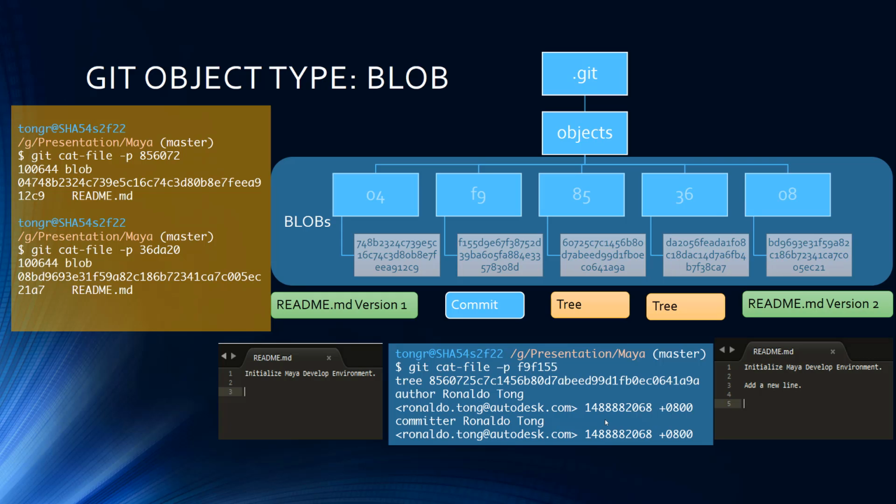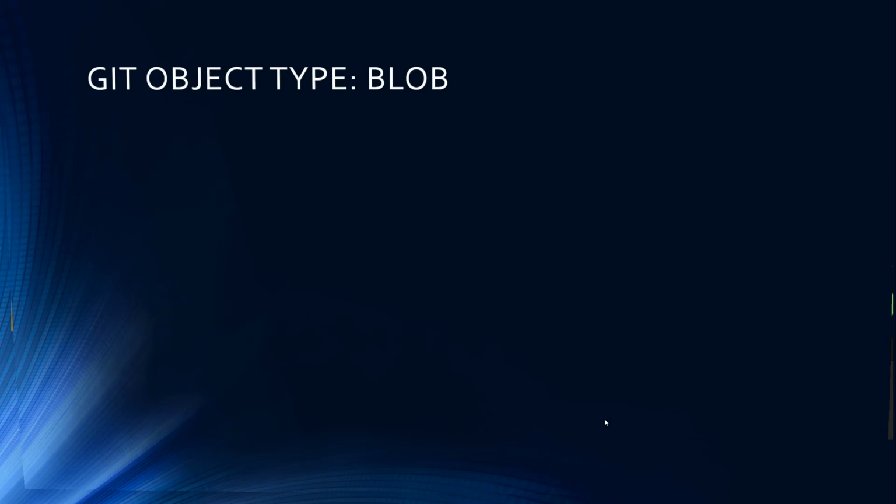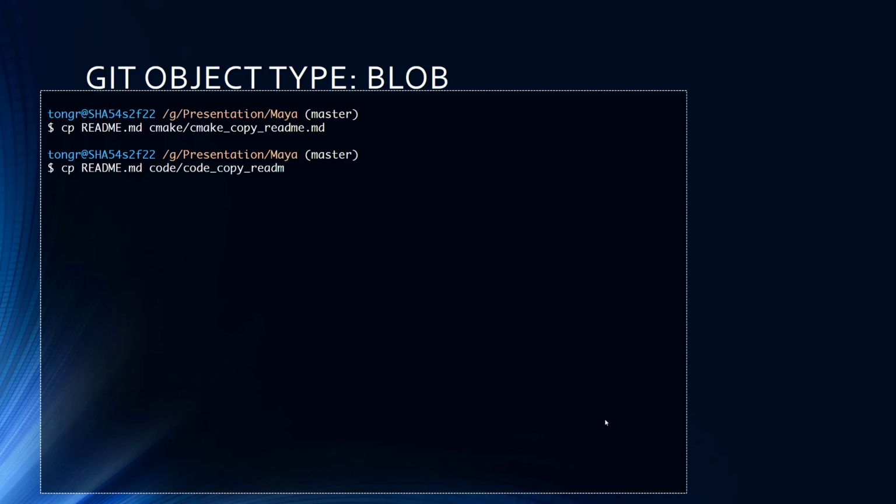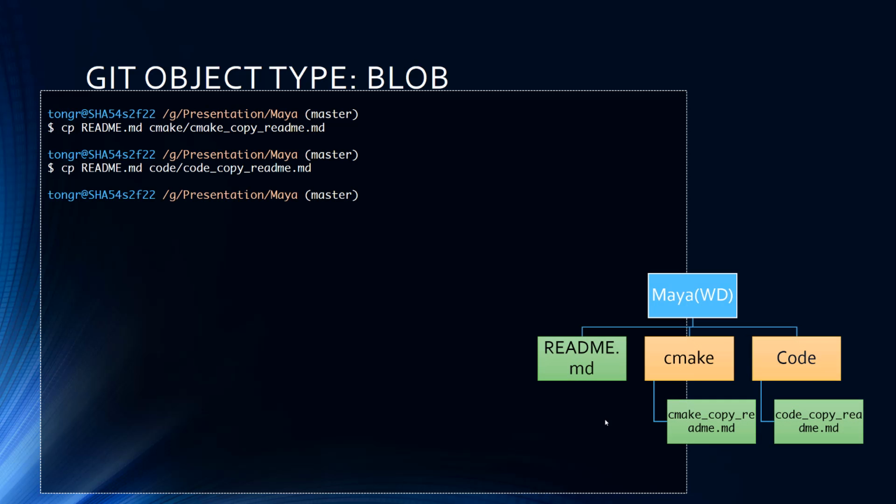Now, let's take a further step to see the relationship between Git repository and working directory. Simply copy the readme.md into CMake folder and code folder. Here on the right bottom of the screen, we list our files in working directory. We have a root working directory folder named Maya, and under the working directory, we have readme.md, a CMake folder, and a code folder.